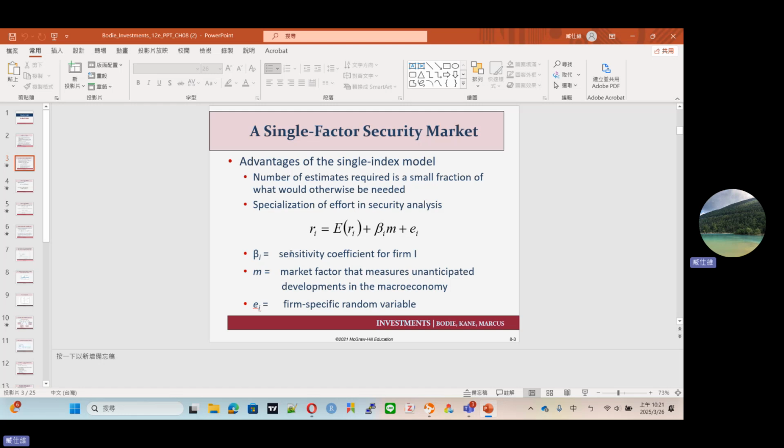Beta now becomes more and more important when we are talking about the index models or single factor models, because beta is the sensitivity to the market returns. So whenever we say, maybe this stock has higher beta, higher beta means higher sensitivity to market returns.